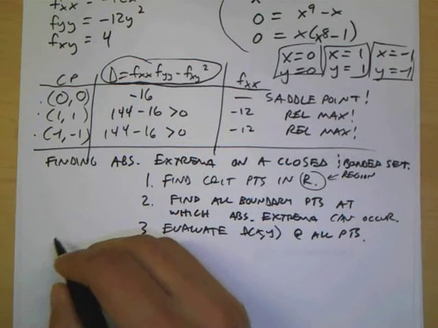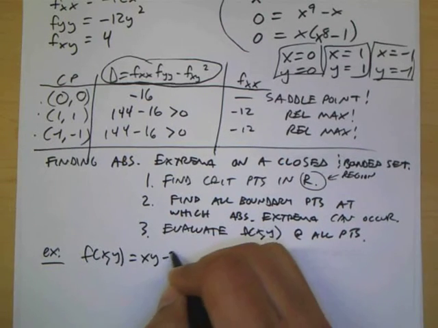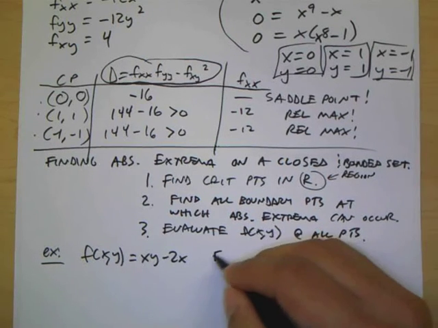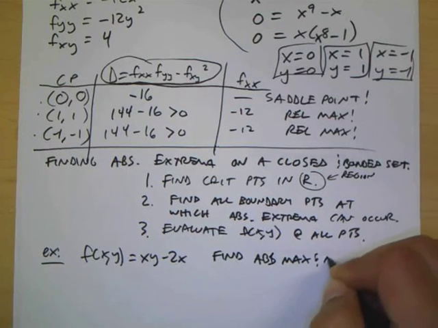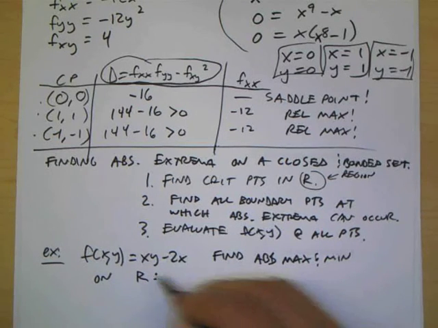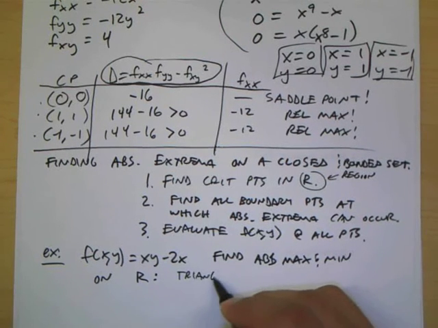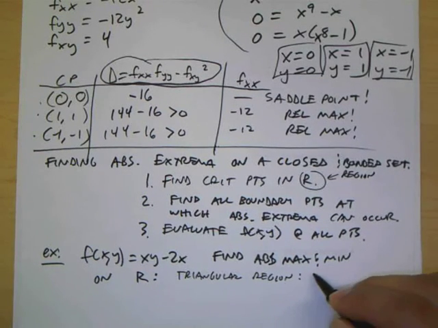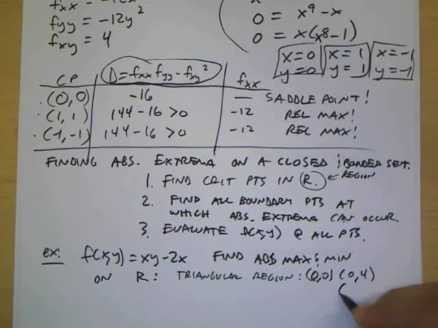So let's actually do one of these. Say f of xy equals xy minus 2x, and we want to find absolute max and min on R, which is defined as the triangular region using the vertices, not endpoints, 0, 0, 0, 4, and 4, 0.